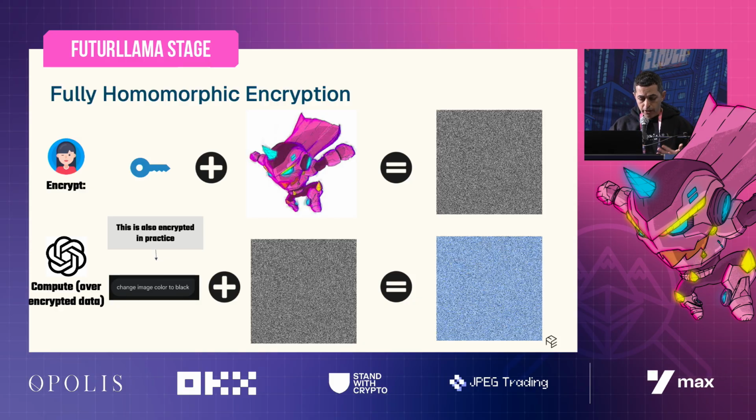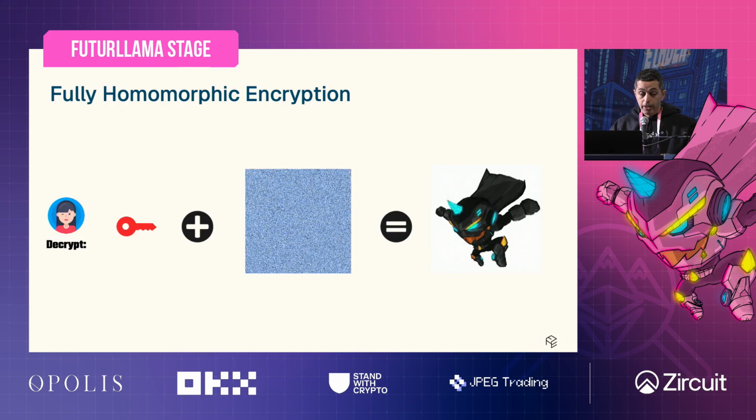In the example here, you have a prompt that says, let's change the color of the image from purple to black. And you get a result which is encrypted. So it is fully private from start to end. And then later on you can actually decrypt it and get the new output coming up. So it is quite powerful and enables you secure computation. And the good thing is that it's math-based. There is no trust assumption in any hardware components.